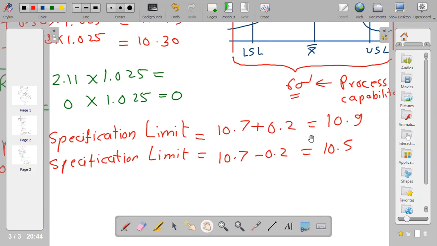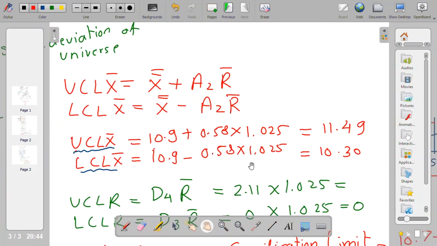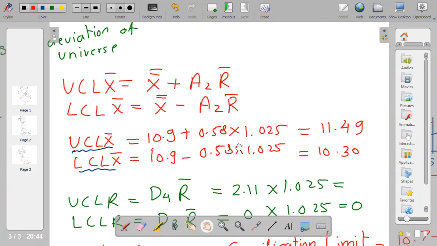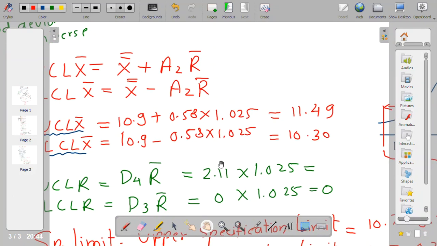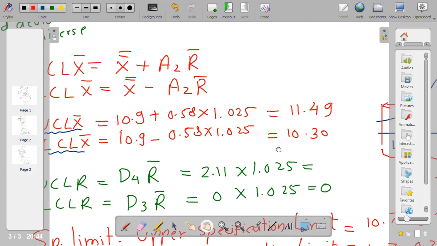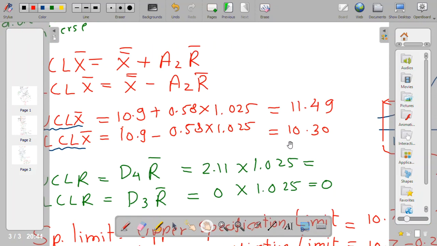The specification limits are given as 10.9 and 10.5. Our upper control limit and lower control limit we found, 11.49 and 10.3. So check the data, whether any data is falling outside this limit.